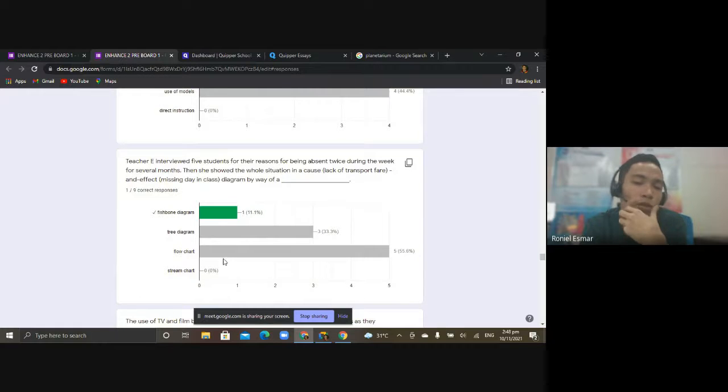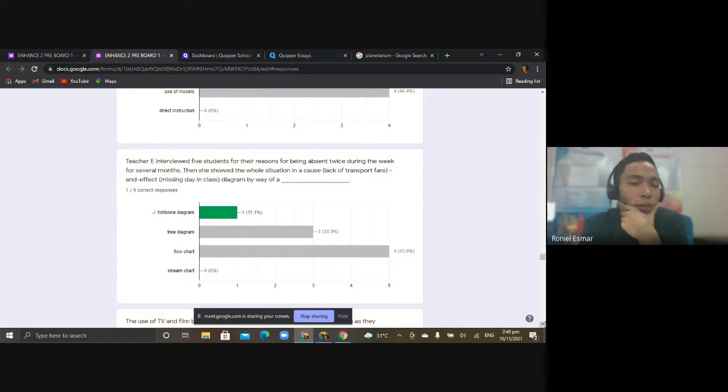How about a flow chart? We can make use of a flow chart if the information we are trying to convey follows a step by step procedure. That's when we'll be using a flow chart, which should be done first, and then the second and the third.